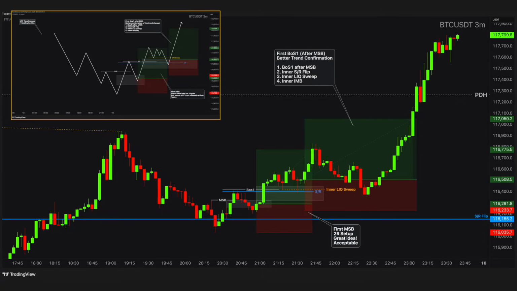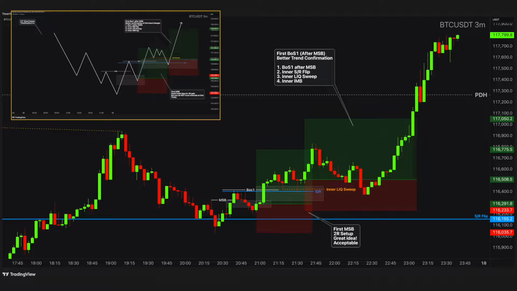Now, like I mentioned before, those first reversal points at market structure breaks can sometimes be tricky. If you find yourself getting stopped out several times, it is better to simply wait for the first break of structure after the market structure break. This way, you are trading with stronger confirmation of the trend after a reversal point.